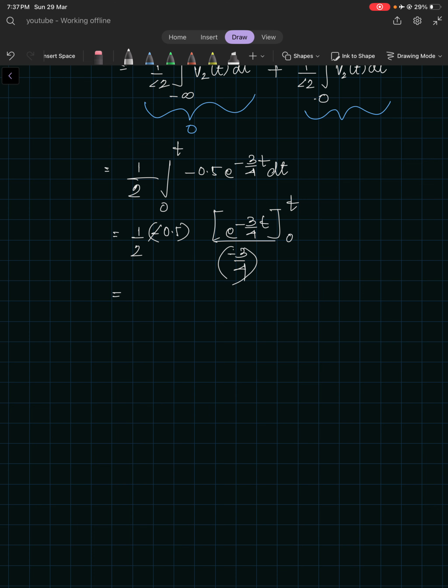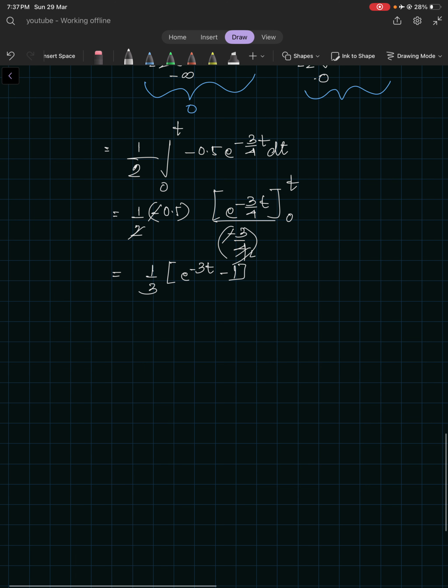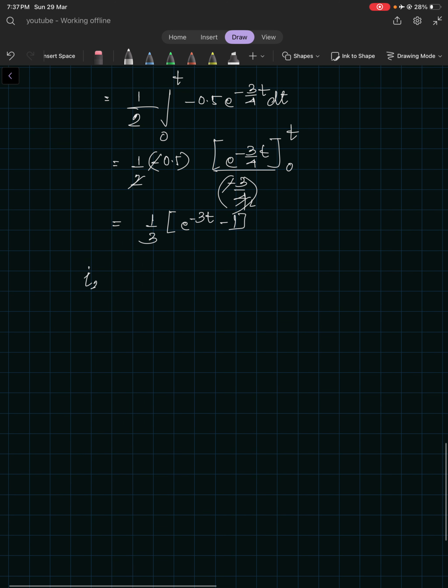So the minus signs cancel, and we get 1 by 3, and e to the power minus 3 by 4 t minus 1. Okay, so I2 of t would be minus 1 by 3 plus 1 by 3 e to the power minus 3 by 4 t.